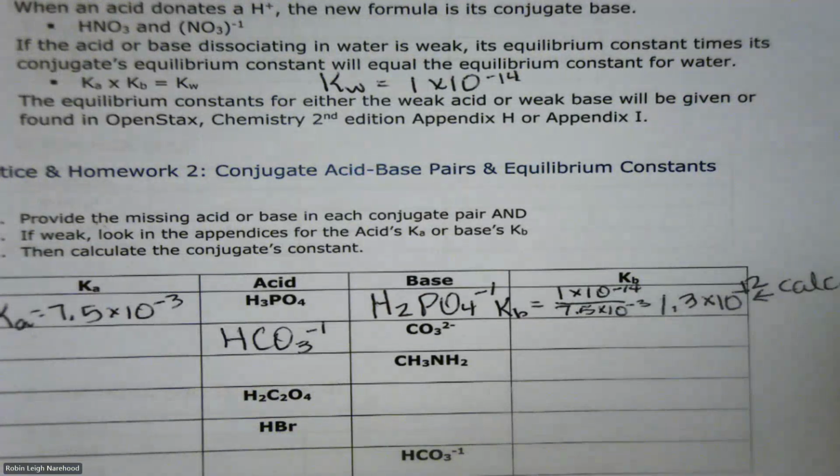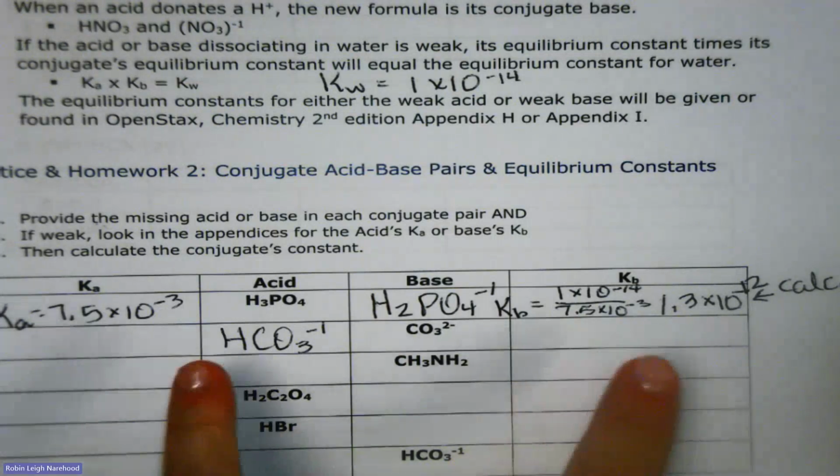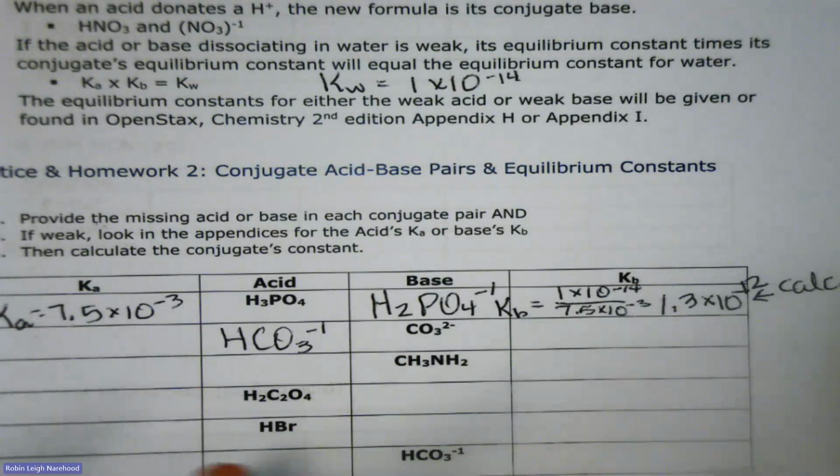Okay. So what this is showing us, the numbers, it is a kind of a measure of how good it is at being an acid or a base. So if you have a larger constant, it means it's pretty good at being that kind of behavior.